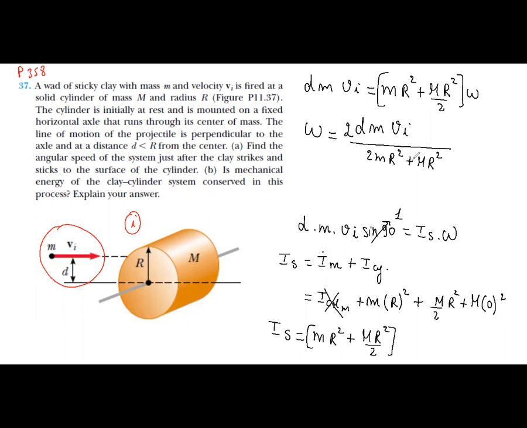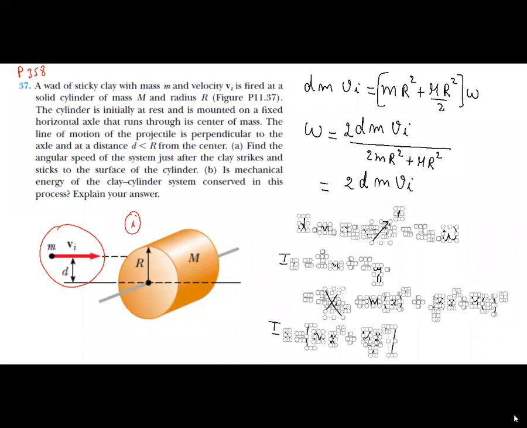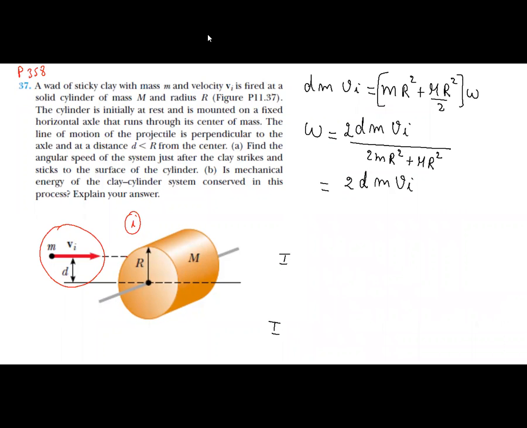The final answer is 2d m v initial divided by, taking R squared as a common factor, m plus 2m. This is the value of omega after the collision.